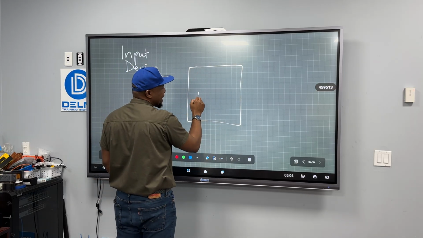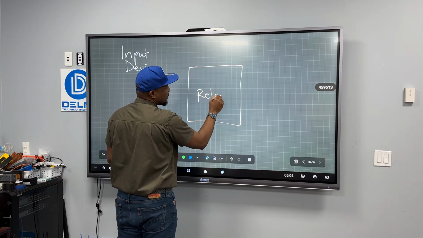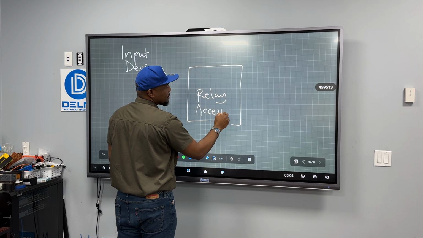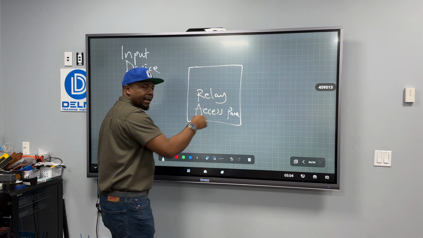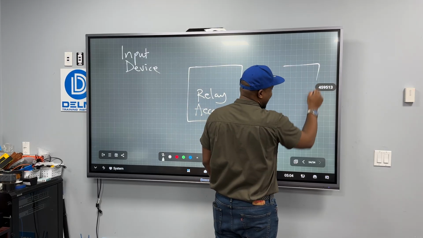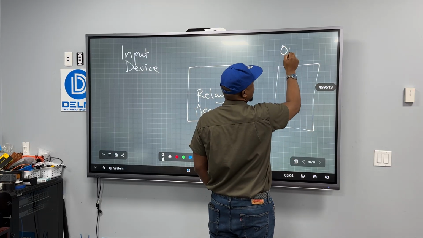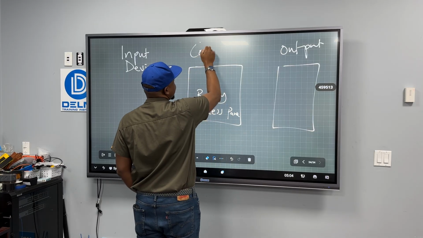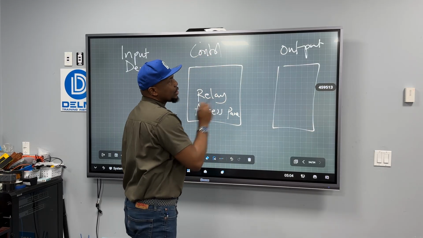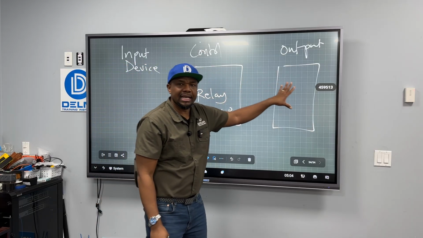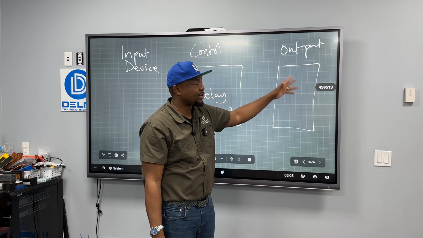And this could be a relay, access control panel, fire panel, anything like that. And then we're going to have an output here. So this is going to be the control device. This is pretty much most of the time the decision maker. And this is what is going to demonstrate the output.